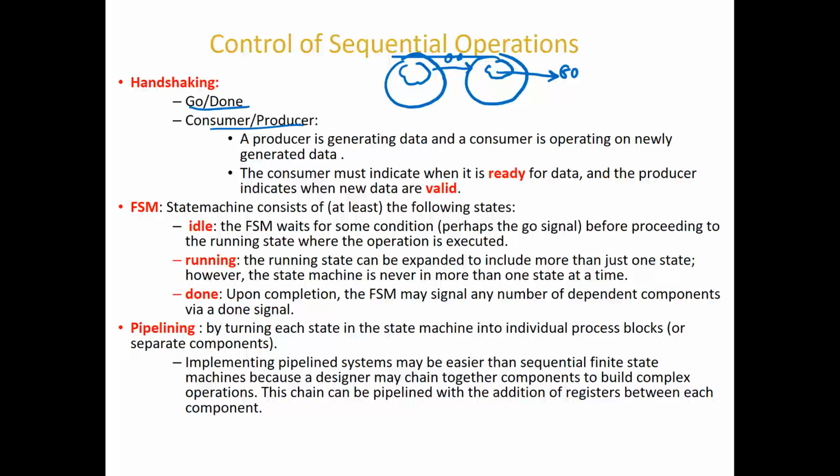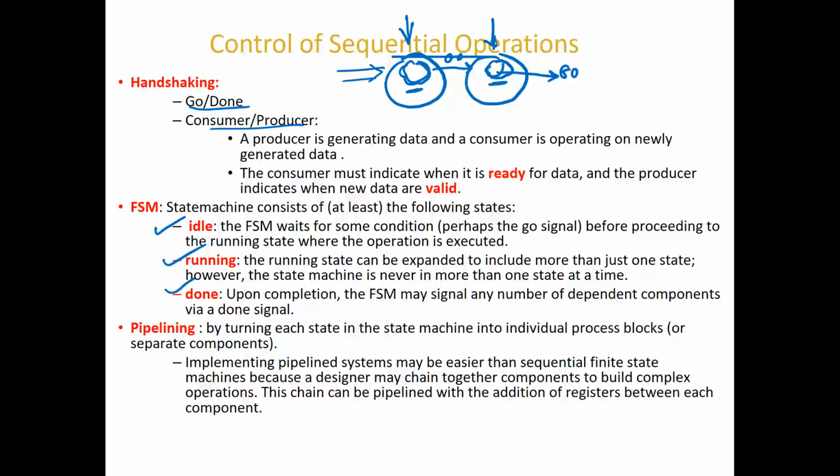So every one of those hardcores has a finite state machine that controls it. The state machine has an idle state when they are not doing anything, a run state, and a done state when they complete.